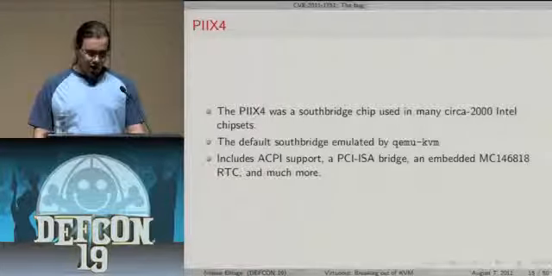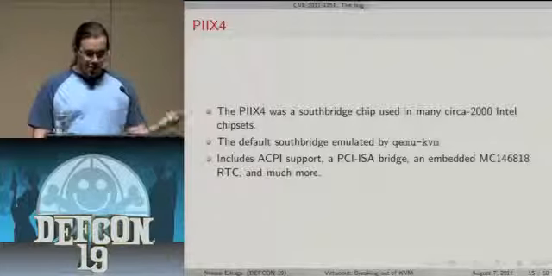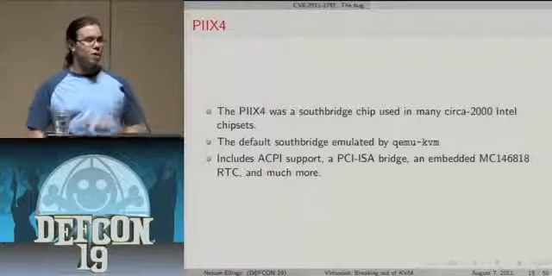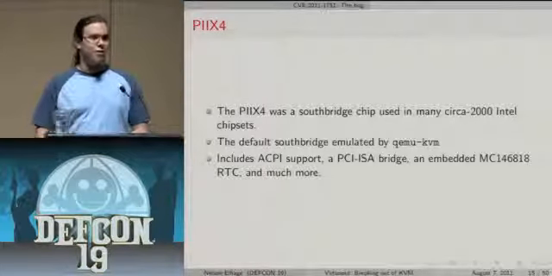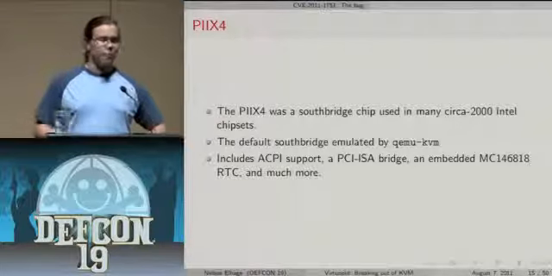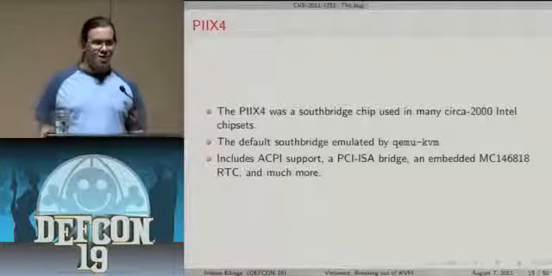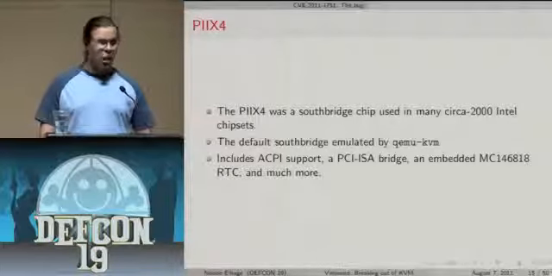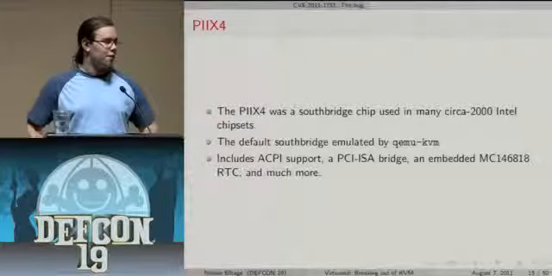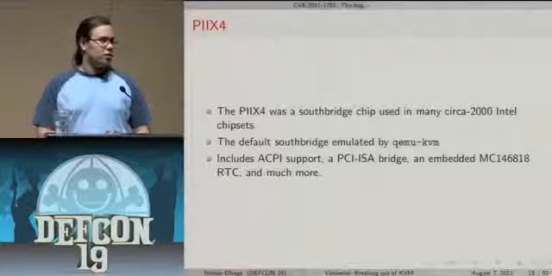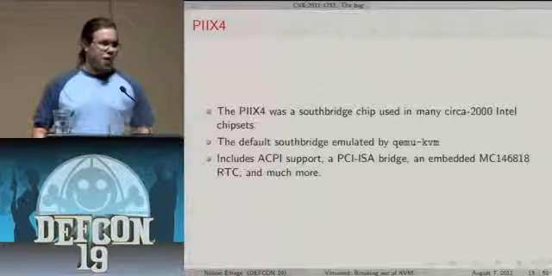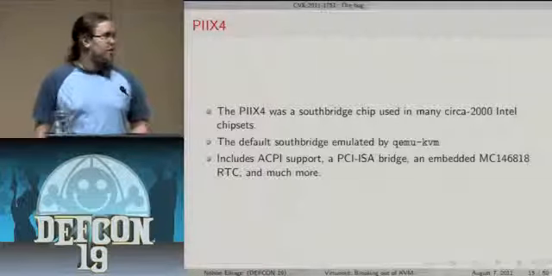And since it's a South Bridge, what that means is that it talks to most of the physical devices in computers of that era, hung off of the South Bridge architecturally. And so the PCI bus, the ACPI support, the real-time clock, all of that stuff, the host CPU communicates with through the South Bridge. And this is the default South Bridge chip that QEMU emulates.